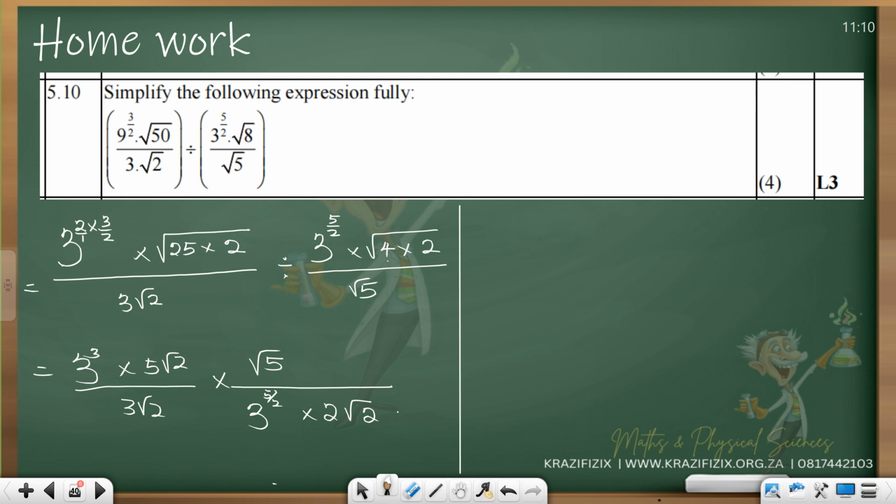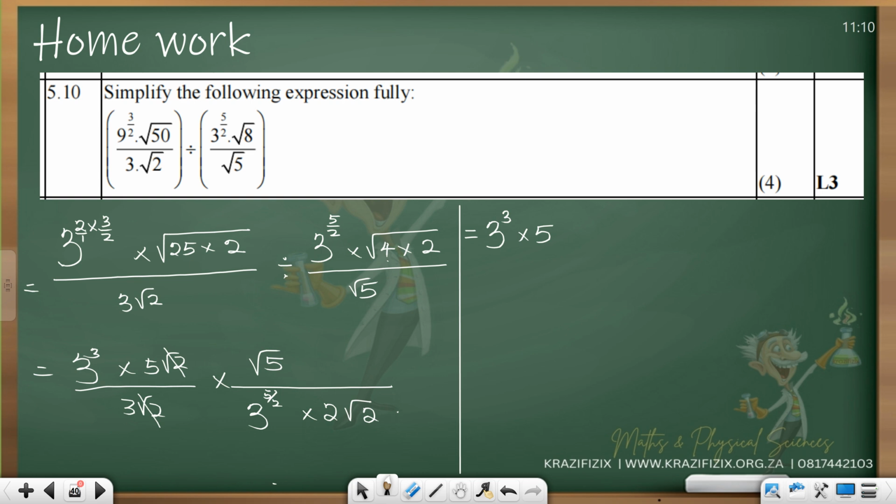Now let's see, and now start doing some good math here. This and that can actually cancel. All right, so what do we have? 3 to the power 3. I want to write it out.